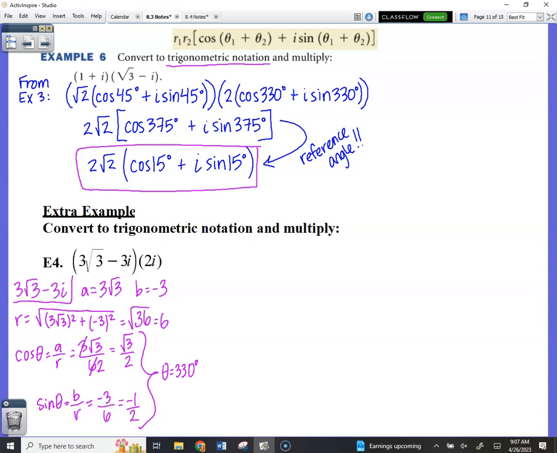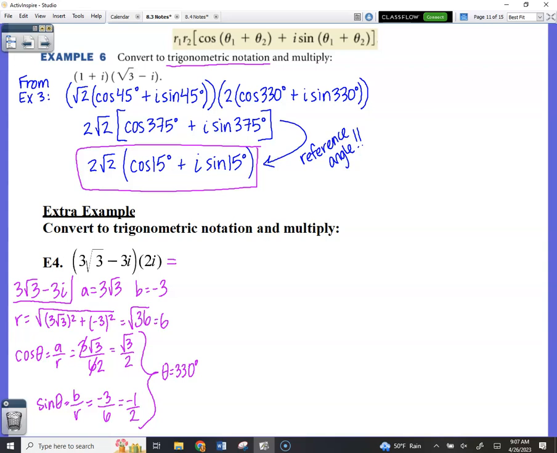So I have no room down here. So I'm going to come right up here next to this, and I'm going to put equals, and I'm going to write the trig notation of that first complex number. So the trig formula, when you're writing the notation, is R parentheses cosine theta plus i sine theta.